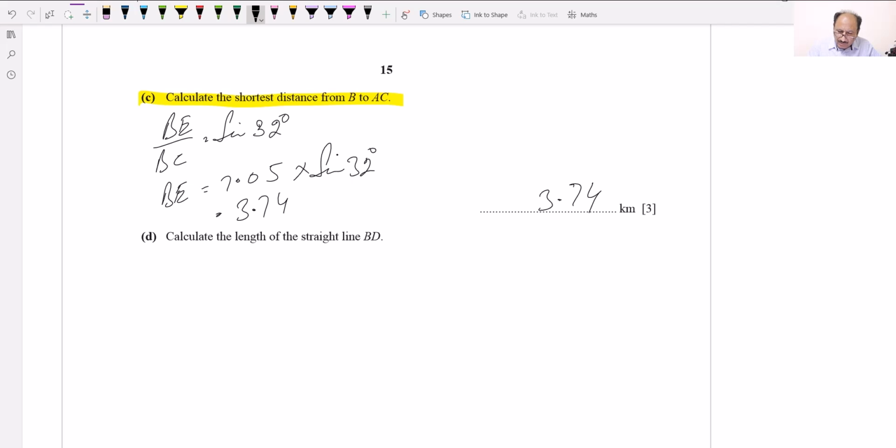This will be our final answer for 3 marks.